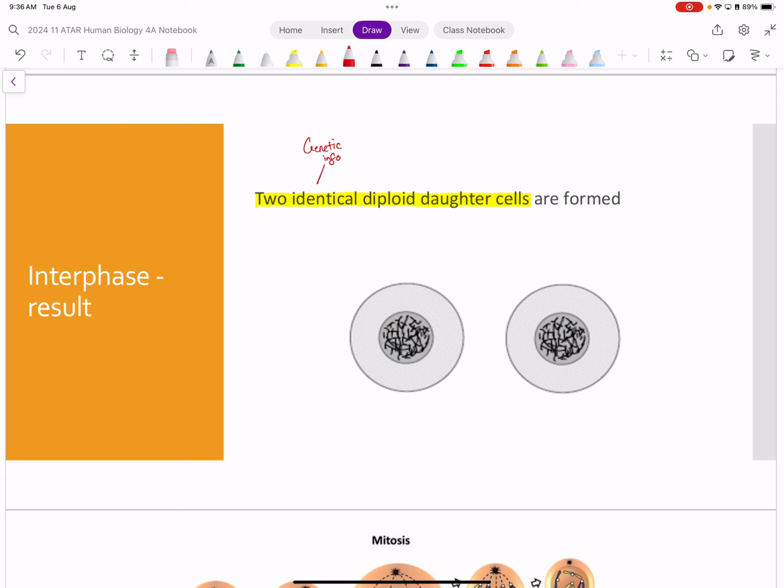Diploid refers to how many chromosomes we share. So diploid is going to be our 2n number, and in humans 2n is equivalent to 46 chromosomes. Not all organisms have 46 chromosomes. The number of chromosomes differs based on the organism itself.